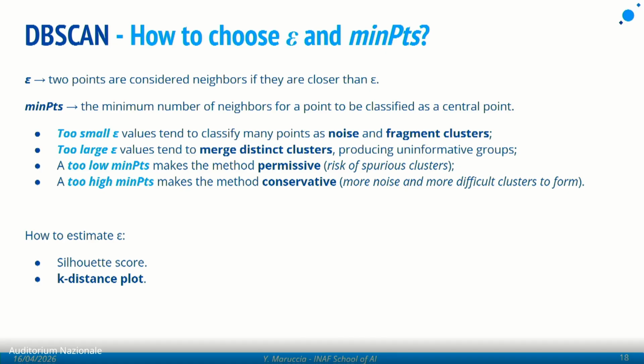At the same time, min points is also very important, because if it is too low, then it is too permissive, and so we have spurious clusters. Otherwise, the method is too conservative, so we have more noise and more difficulty forming clusters.